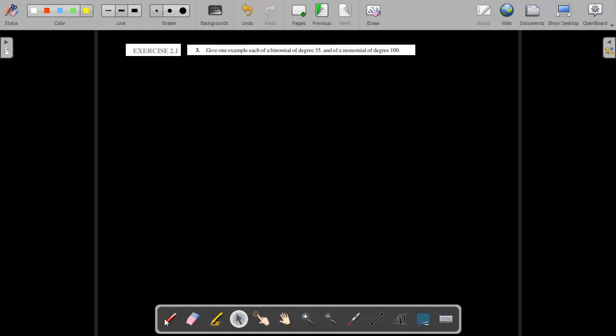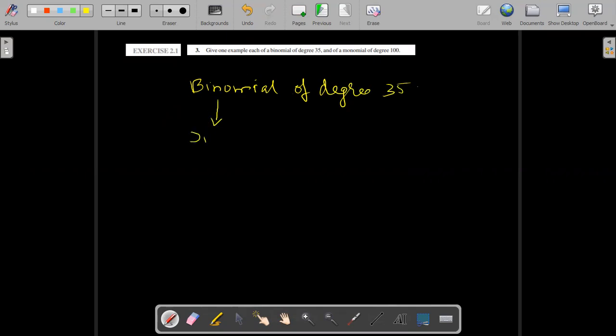Give one example each of a binomial of degree 35. Now see, we have to give an example of a binomial of degree 35. We can give many examples. First of all, it is a binomial, that means it has two terms only, not less than or more than two terms.